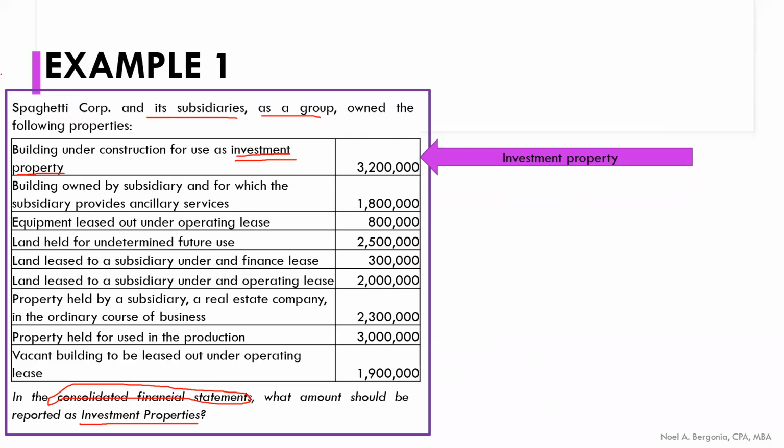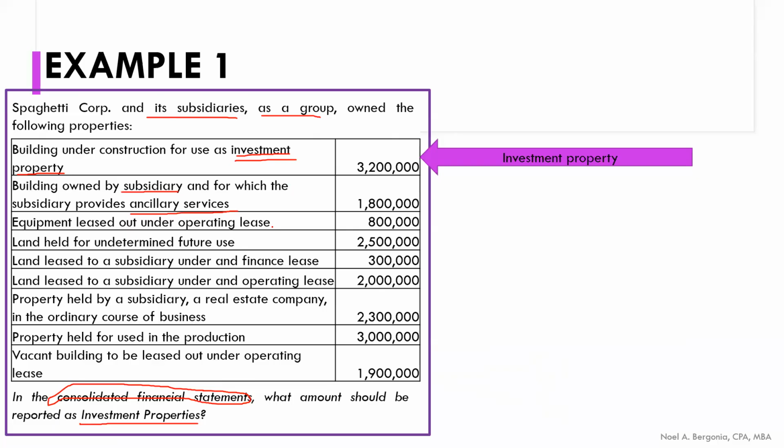Next would be a building owned by a subsidiary, for which the subsidiary provides ancillary services. Remember, class, kanina in our concept about ancillary services, if the services are insignificant to the arrangement, then it could be treated as investment property.